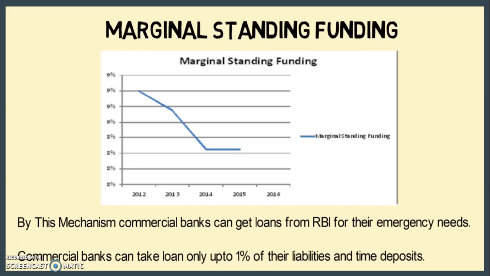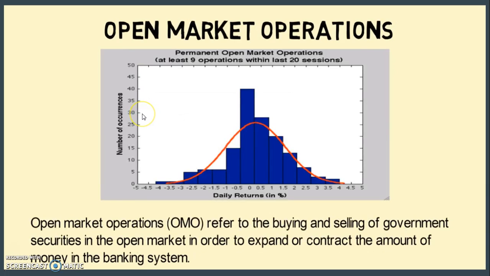But you need securities and you can only take 1% of whatever you have pledged. That rate of interest is called the marginal standing facility, the MSF rate. So the RBI also gives banks an opportunity to maintain their balances and funds overnight.